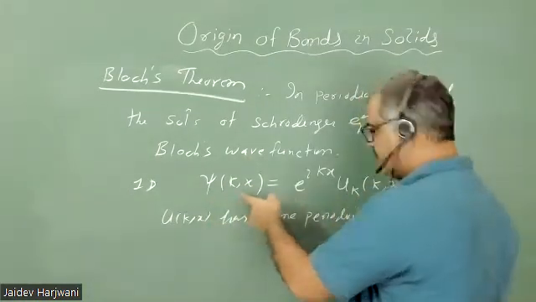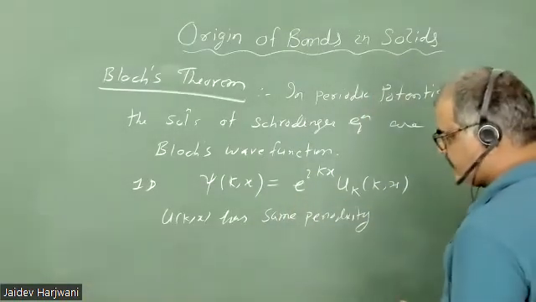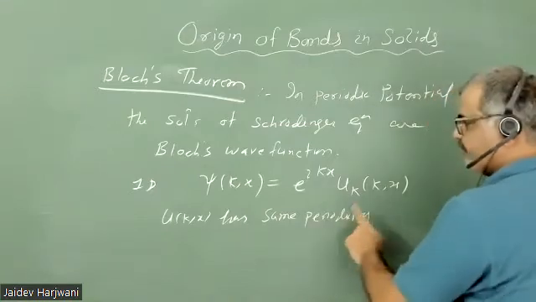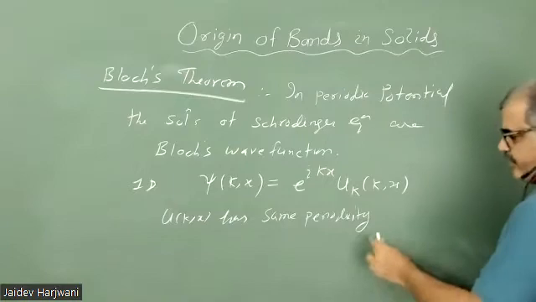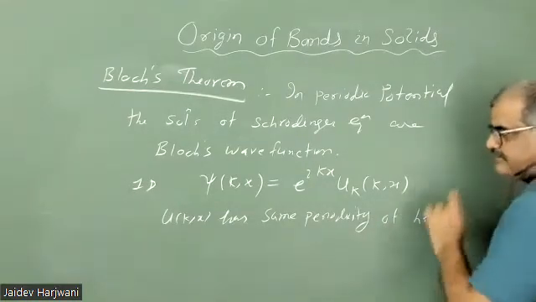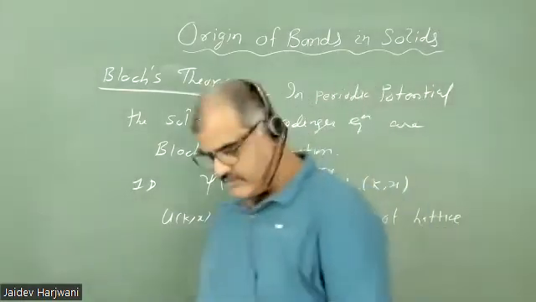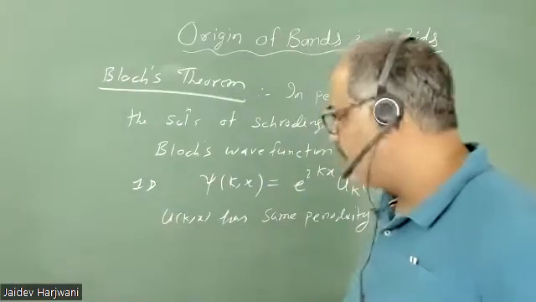So any function can be written like this. Now here u(x) has the same periodicity as the lattice potential. It will be clear now. So this is in 1D.